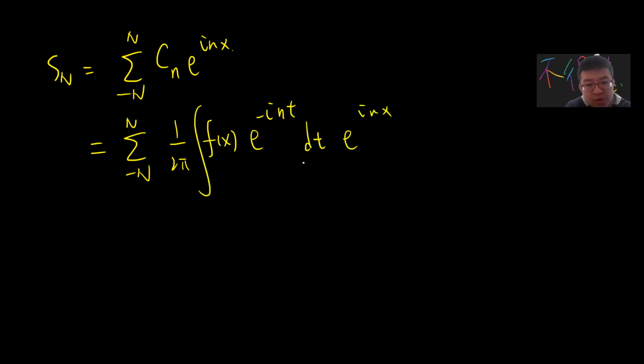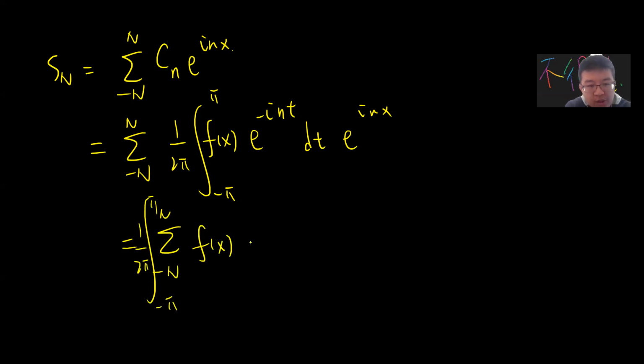Since you need to change the variable into t, it is the integral from negative pi to pi, times 1/2 pi, summed from minus n to n. Pull out the integration, and f(t) e^{in(x-t)} dt.